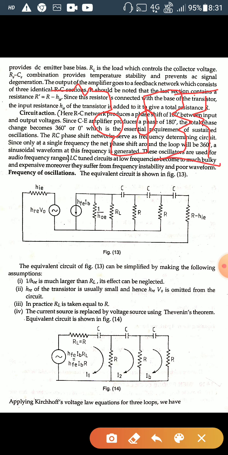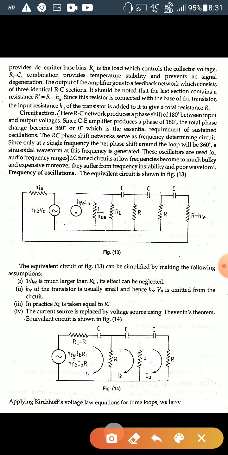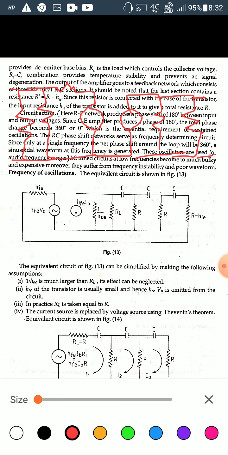Here this is RL. For the biasing configuration, it looks like this.